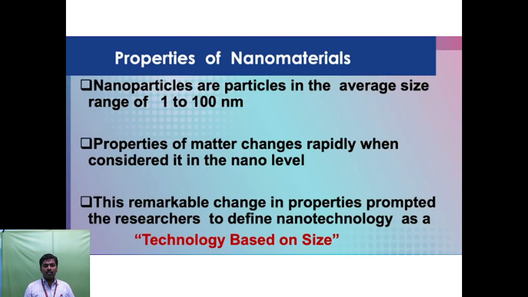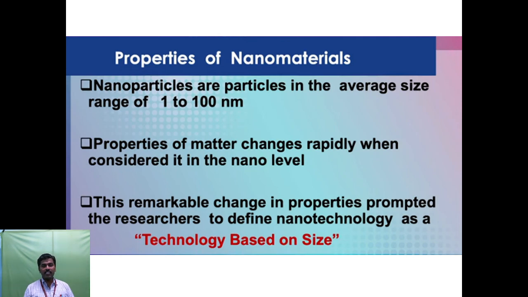Nanoparticles are particles in the average size range of 1 to 100 nanometers. The properties of matter change rapidly when considered at the nano level. These remarkable changes in properties prompted researchers to define nanotechnology as the technology based on size.